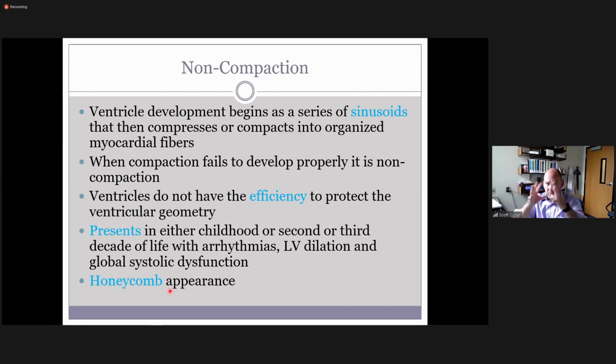It starts out as a bunch of little trabeculations that become more compact and form a nice tight muscle group as it develops. So it's a delay in the developmental process that causes this non-compaction. Ultimately it comes out with a whole bunch of little sinusoids and a ton of trabeculations, and the compact part of the wall is actually very, very thin.